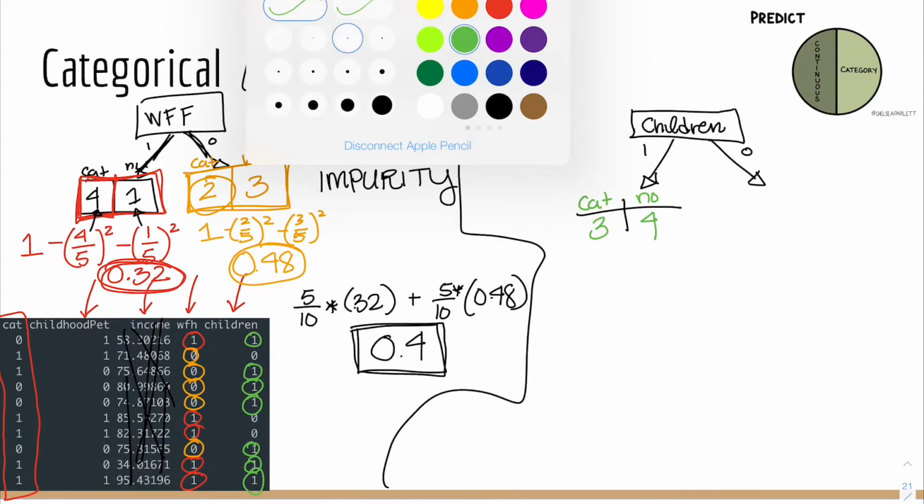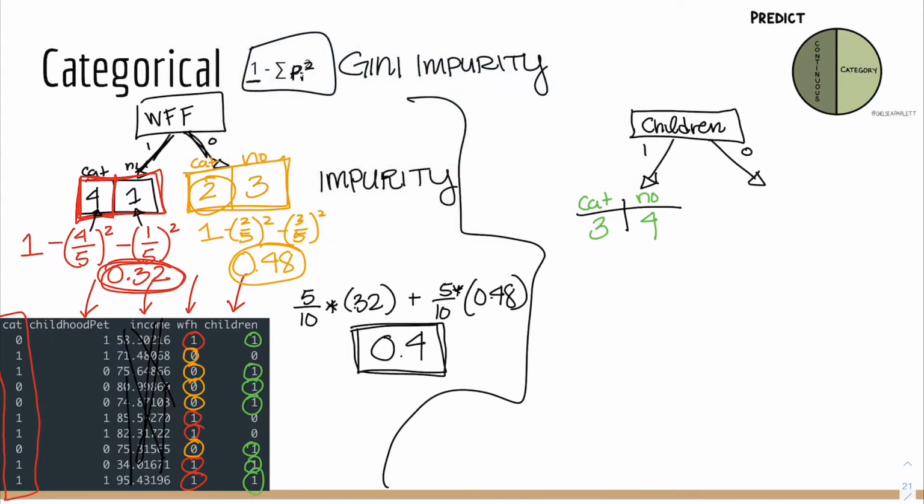And then let's pick this color blue. So for people who do not have children, here, here, and here, we get for cat people 3, and for non-cat people 0. So let's calculate the Gini impurity for this split. I'll start over here because the math's a little easier. So remember, the Gini impurity is 1 minus the probability of being in one category.